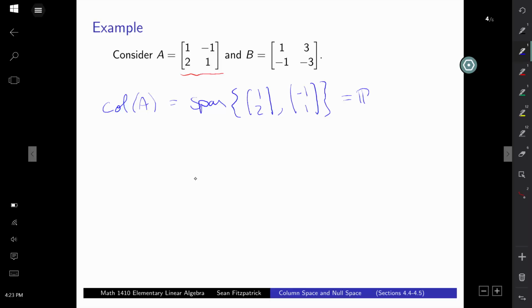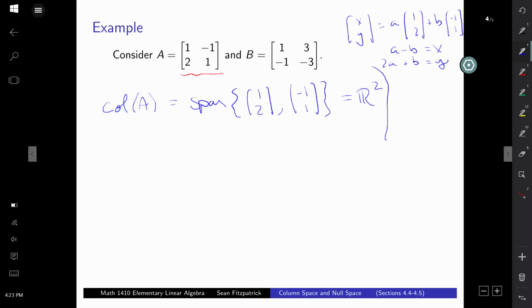That means you can actually get every vector in R2 using these two vectors. Figuring out what they are takes a little bit of work. So if I had (x, y) equal to a times (1, 2) plus b times (minus 1, 1), then I could try to solve for a and b in terms of x and y. a minus b would have to be x, and 2a plus b would have to be equal to y.